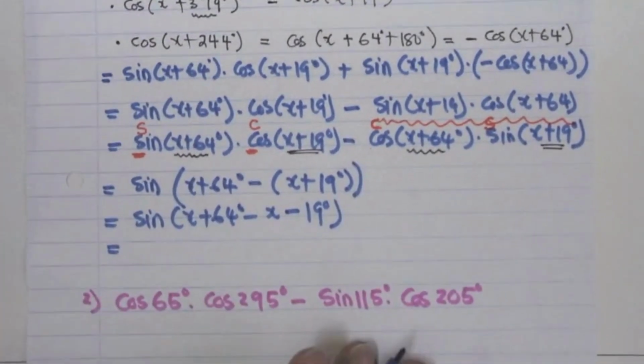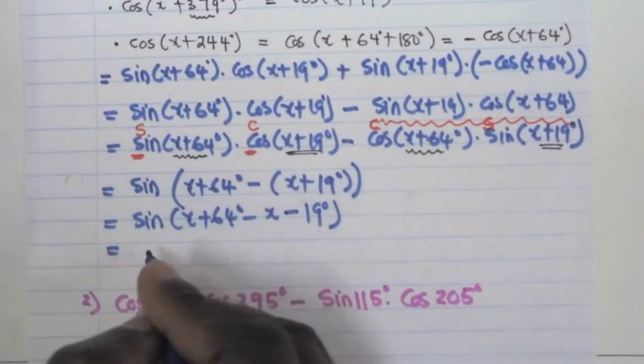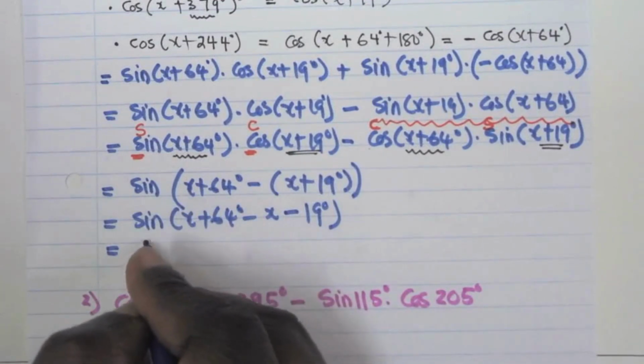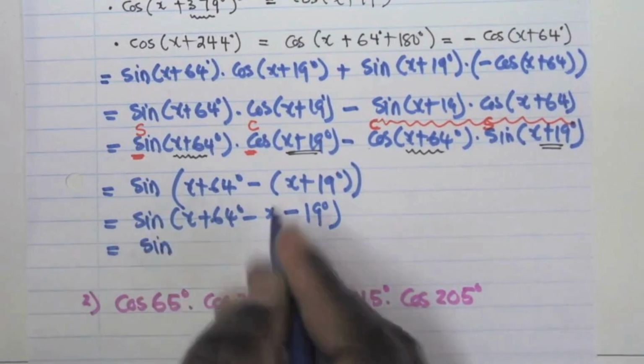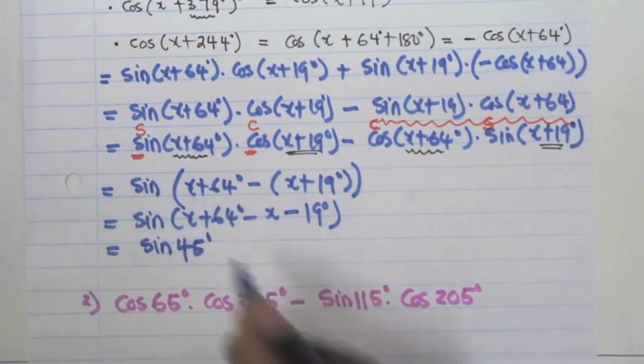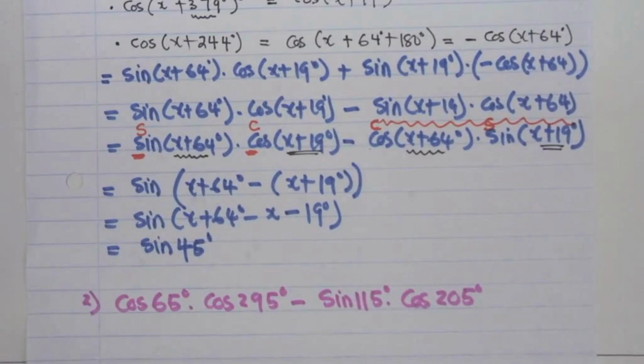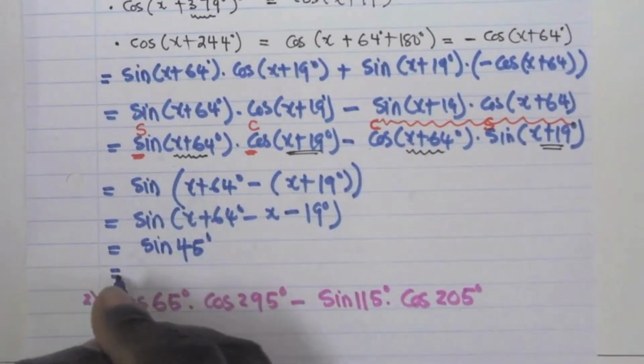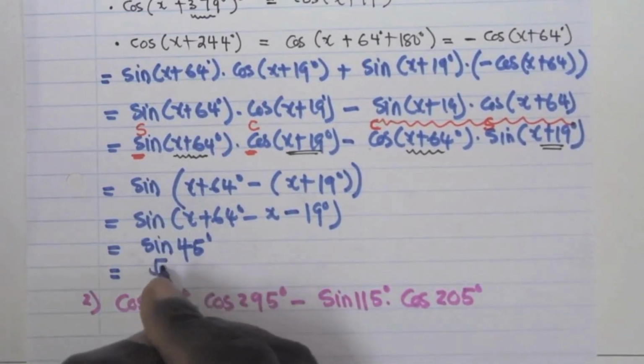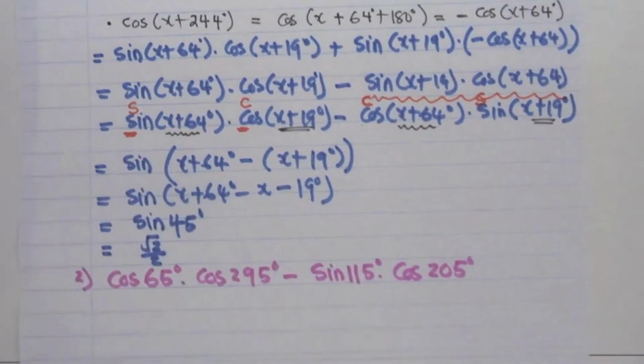And then if I simplify further, I'm going to get sin 45 degrees. And remember, sin 45 degrees is a special angle, so I can write my answer as square root of 2 over 2.